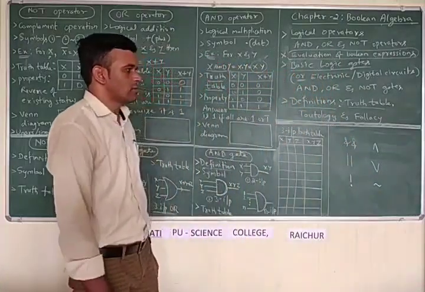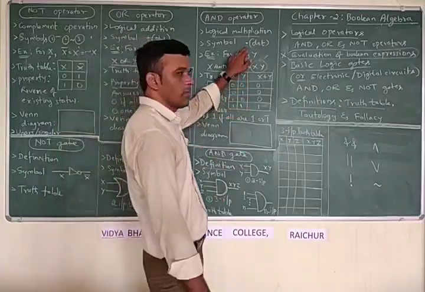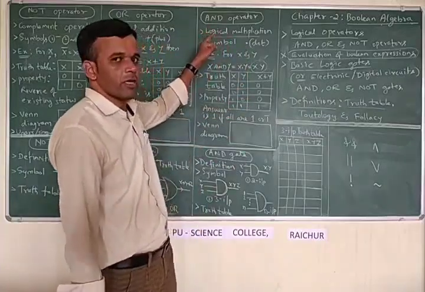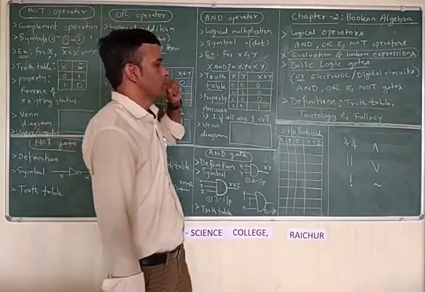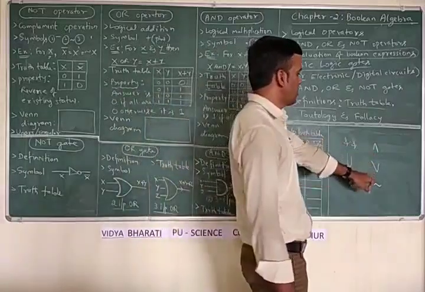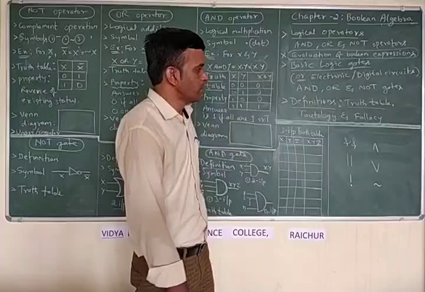So only the symbols are changing. Here we prefer the dot symbol for the AND operator and the plus symbol for the OR operator. We used these in mathematical reasoning and we use the others in C++ programs.